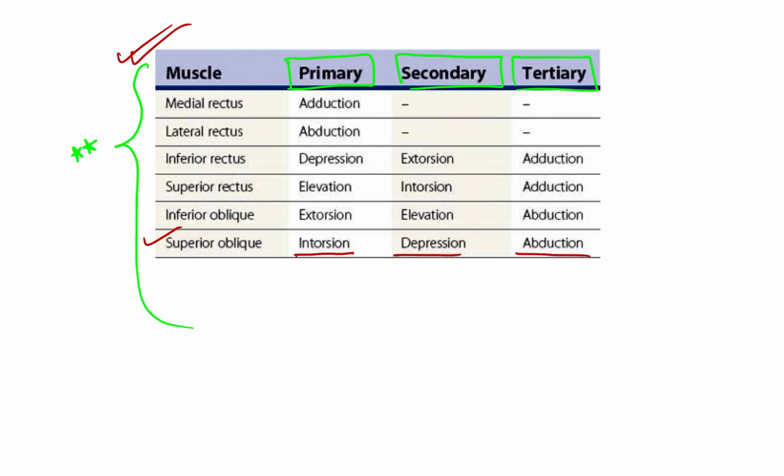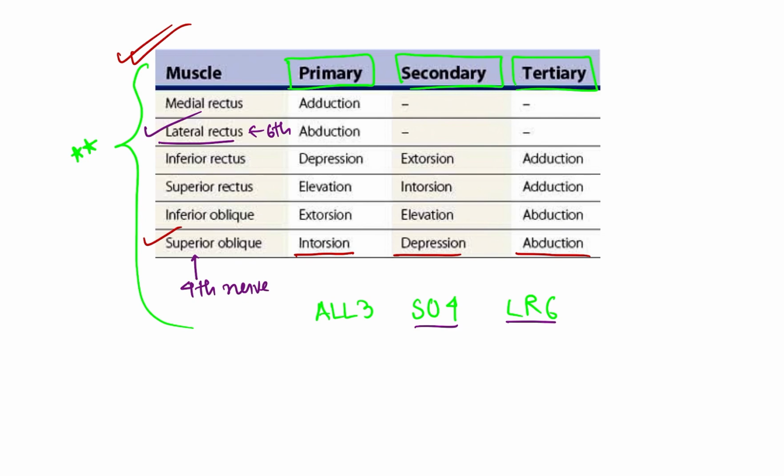And also the nerve supply is important. As all of you know, the mnemonic is all 3 SO4 LR6, means the superior oblique muscle is supplied by the 4th nerve, also called the trochlear nerve, and LR6 means lateral rectus is supplied by the 6th nerve or abducens nerve.